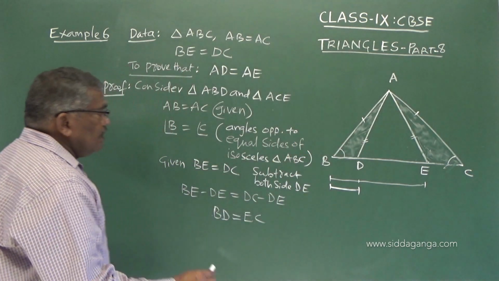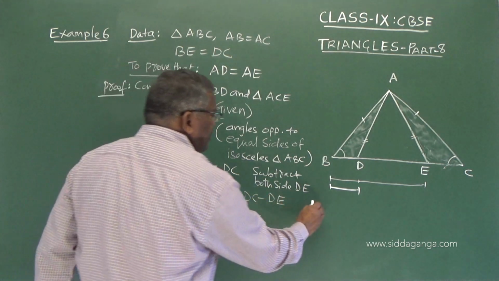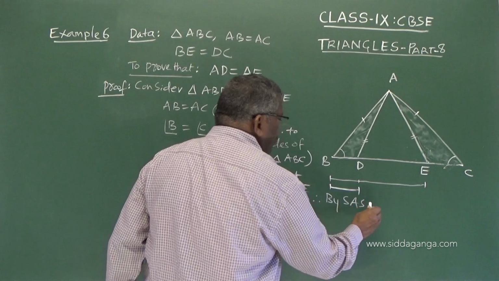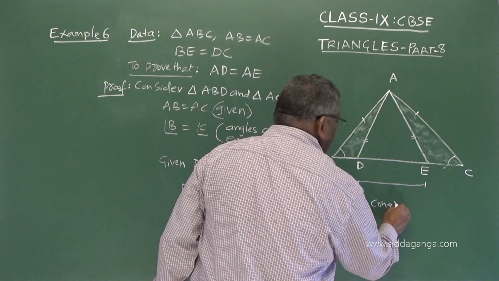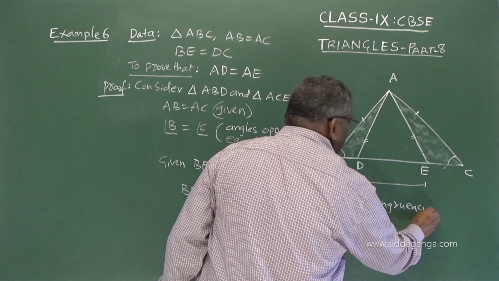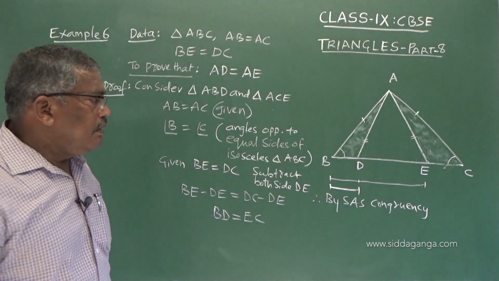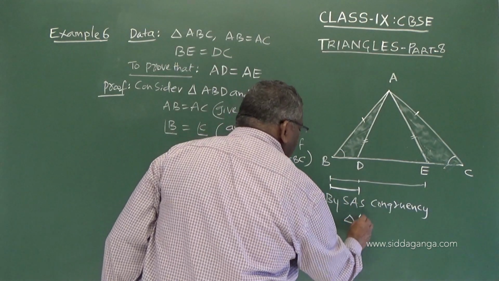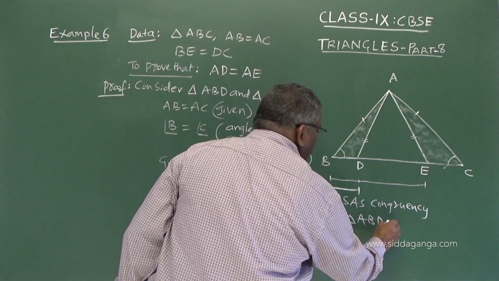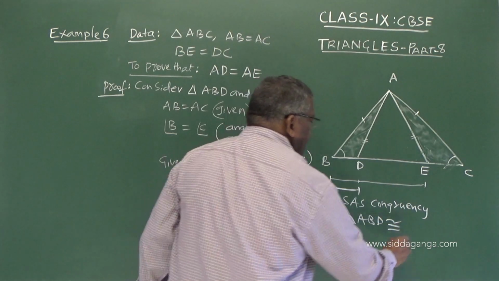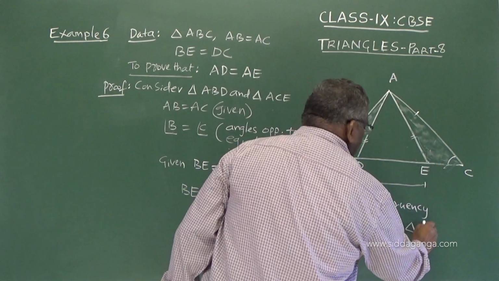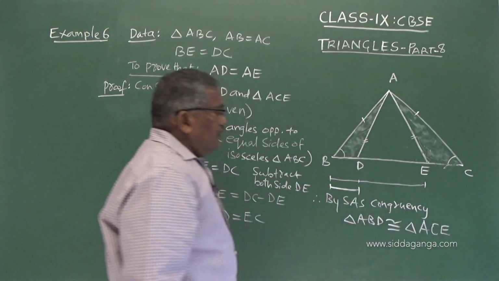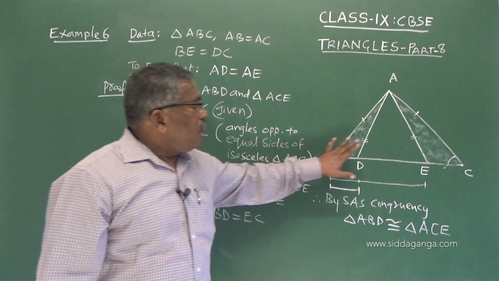So, therefore by SAS congruency, we can say triangle ABD is congruent to triangle ACE. See, this we have proved that these two are congruent.